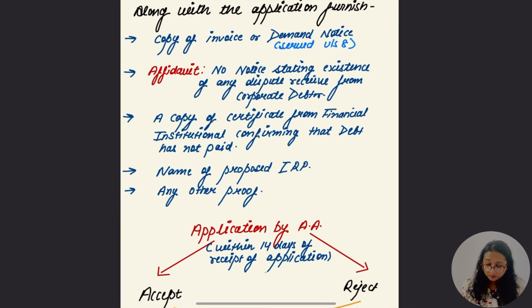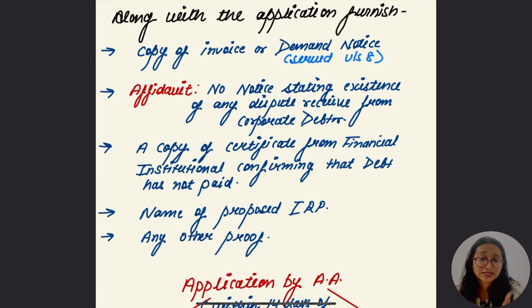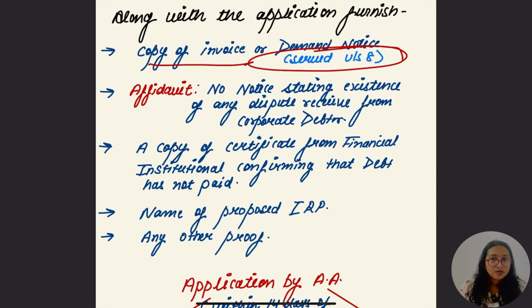Along with, in section 7 we read that the financial creditor has to file some other documents along with the application. The same is going to apply here. So copy of invoice or demand which was sent under section 8 by the operational creditor is to be sent along with the application.